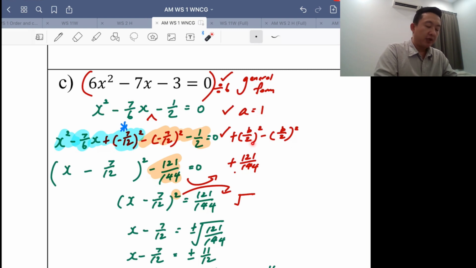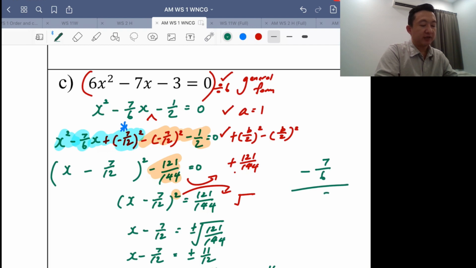And step number 3, in between bx and c, right after x, in this case, you put in plus b over 2 squared minus b over 2 squared. So this is putting in something and taking it out so that it's balanced. And for b over 2, in this case b is negative 7 over 6, so it will be complicated if you put negative 7 over 6 divided by 2 over 2.